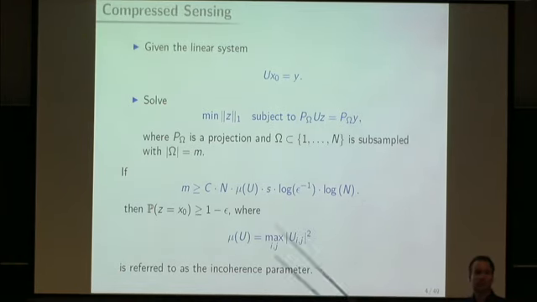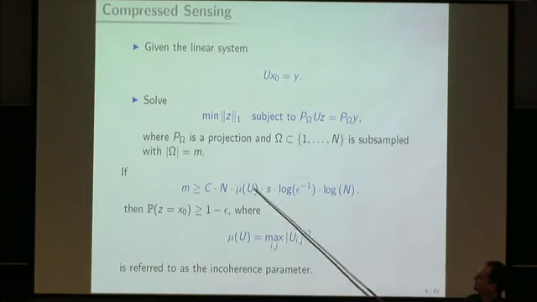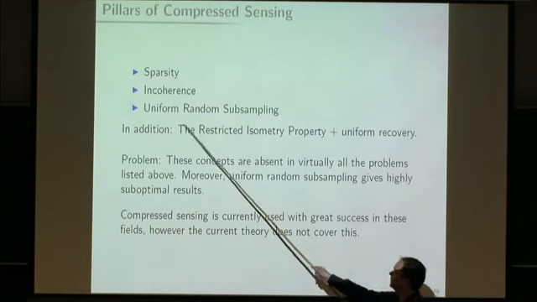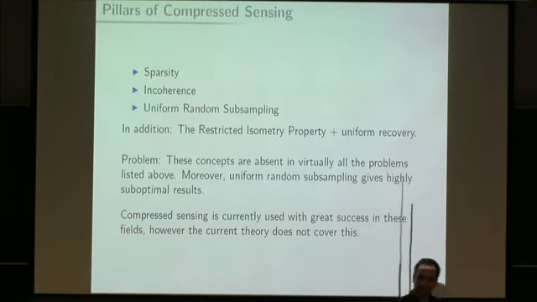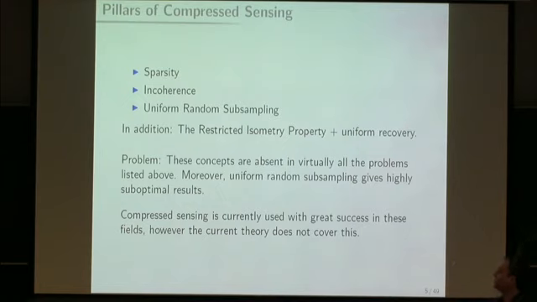Typically, you want that to be 1 over n, so that kills that factor. If it isn't, if for example it was 1, there's not very much subsampling you can do. And of course, this is done with uniform random subsampling. In addition to that, there is something called the restricted isometry property and uniform recovery, and I'm going to comment on that later on. So this is all very good.